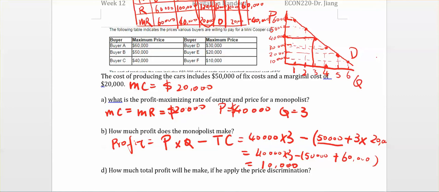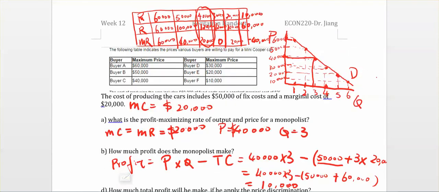And the question is, will he sell the car to buyer F? The answer should be no, because if he sells the car to buyer F at least at the marginal cost of $20,000, buyer F will not buy it. So this means the monopoly's market can only have 5 buyers if they apply price discrimination.